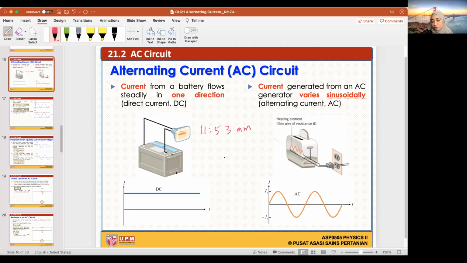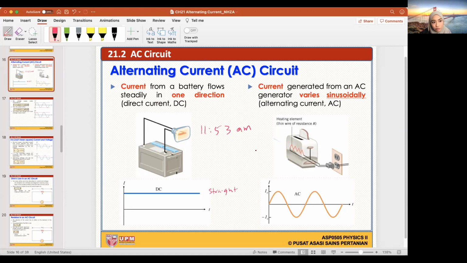Okay, after this I want you to do exercises. So please pay attention to the following subtopic, which is very important for your exam. It has given a hint already. Okay, so current from a battery flows steadily in one direction in a DC battery. So the graph for the current from a DC battery is just a straight line.